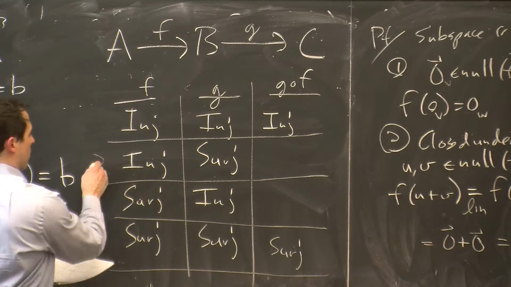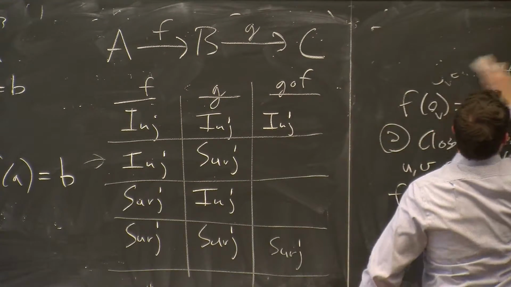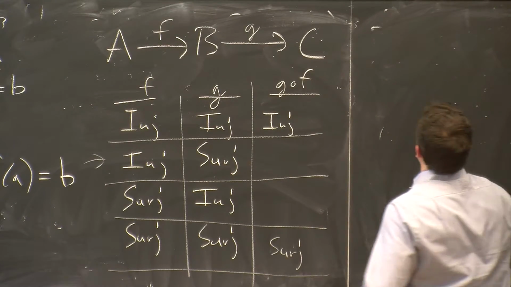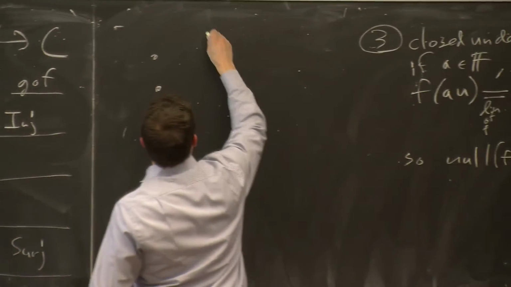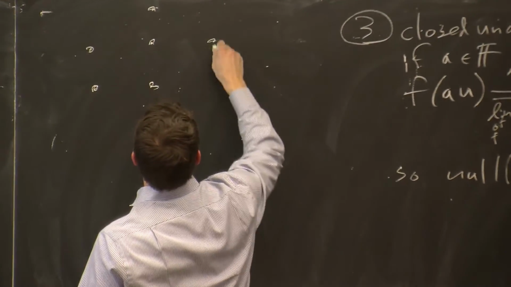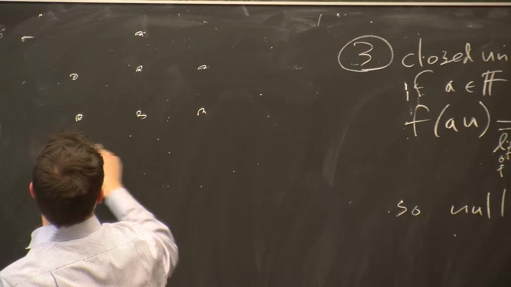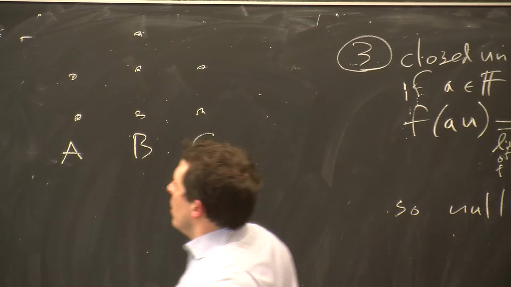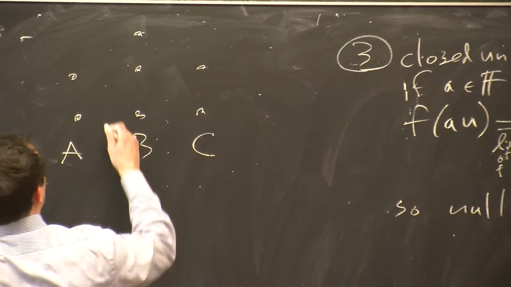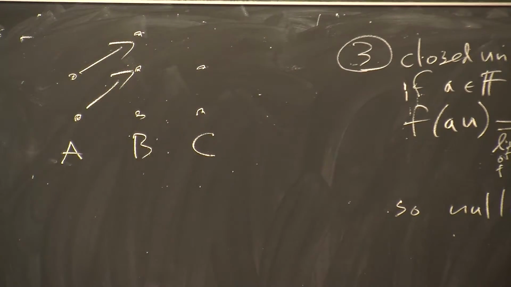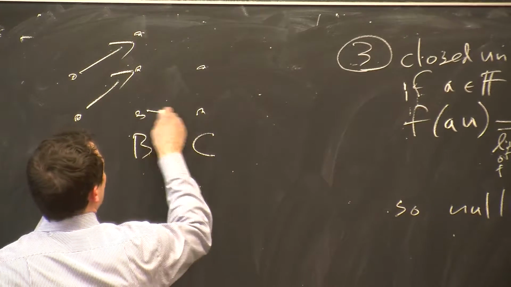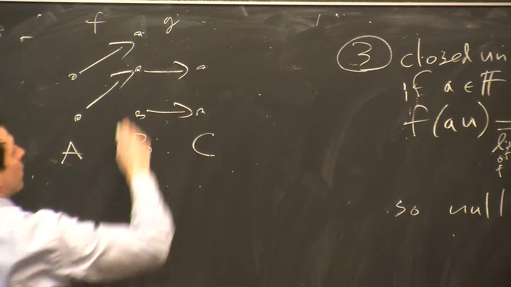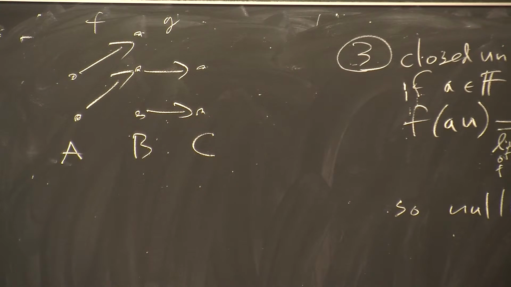This one, let's make a picture. So here's A, here's B, here's C. Let's make f injective, and let's make g surjective. So that's f and that's g. So how about g composition f?